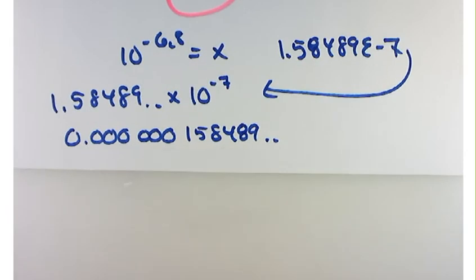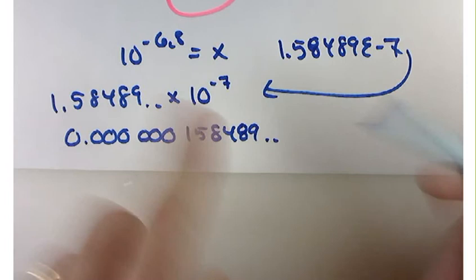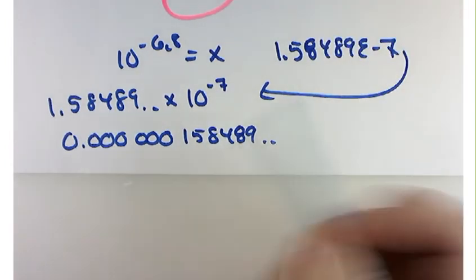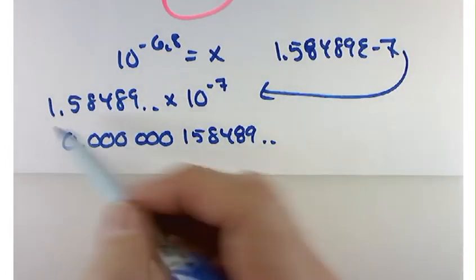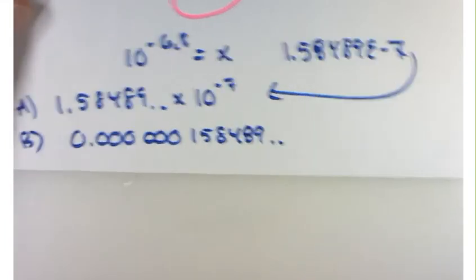I don't know if they want you to enter it in scientific notation. So in any case, round it or do with it what you need to. But realize that your answer is not just 1.5849, etc. It's a number in scientific notation, and one of these two is what you're probably going to have to work with.